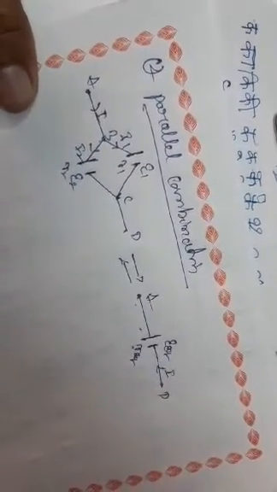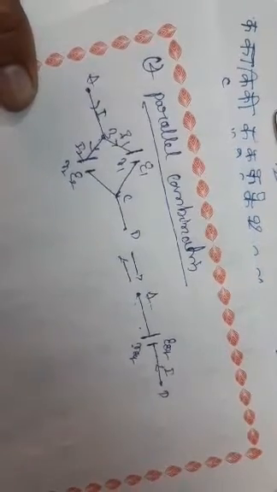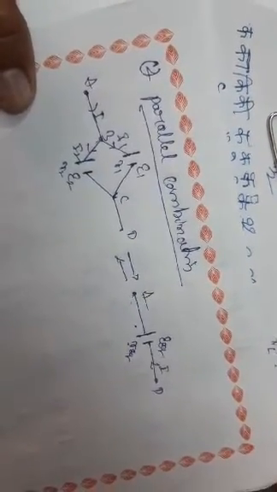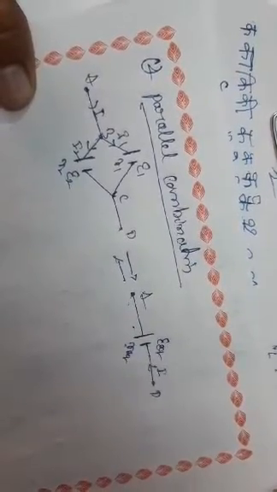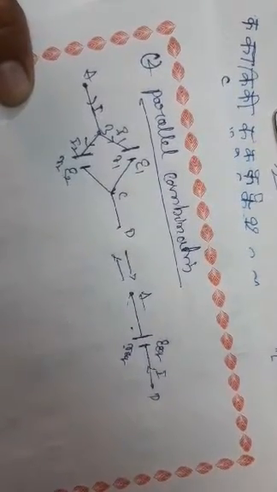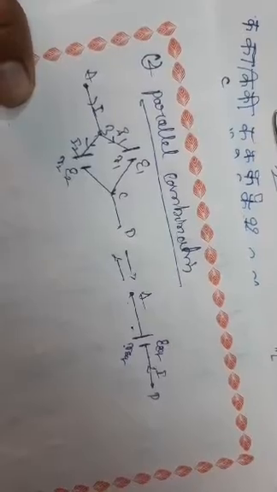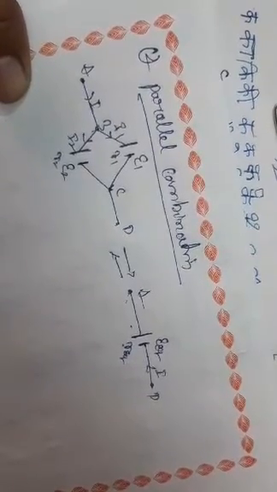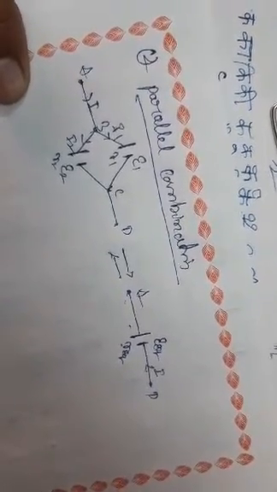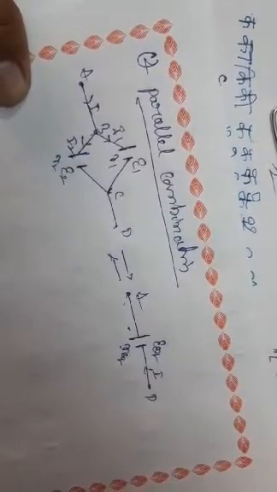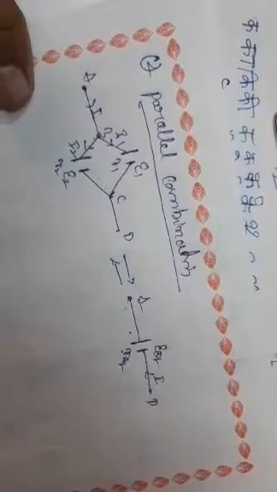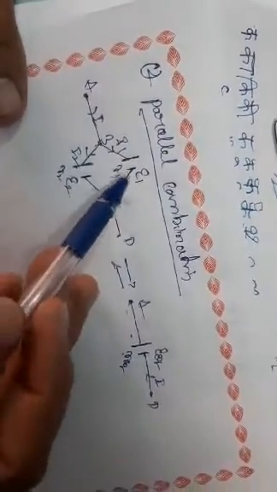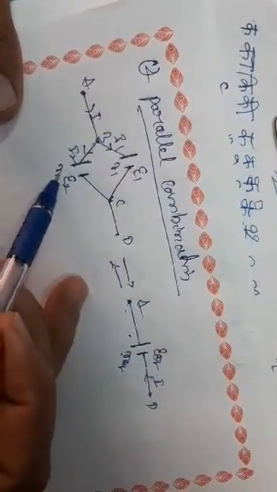Once again, if two or more cells are connected between two different terminals, it is a parallel combination. The current is different, the potential difference is constant. Then the diagram: the two cells are connected in parallel to each other.